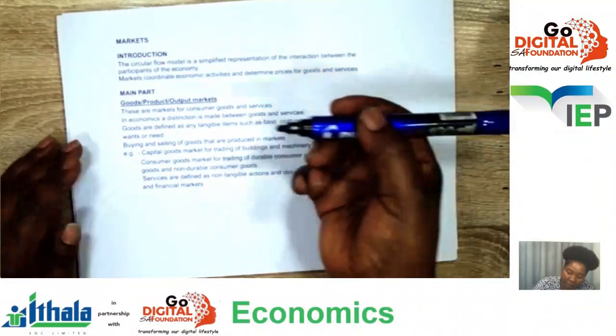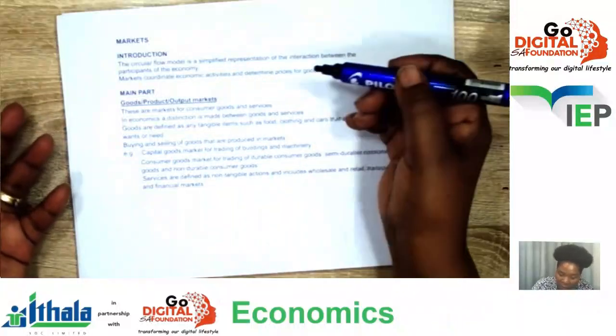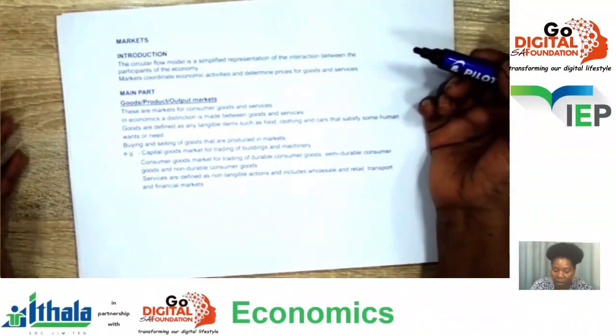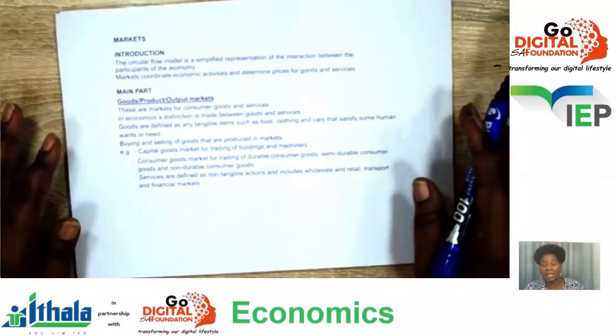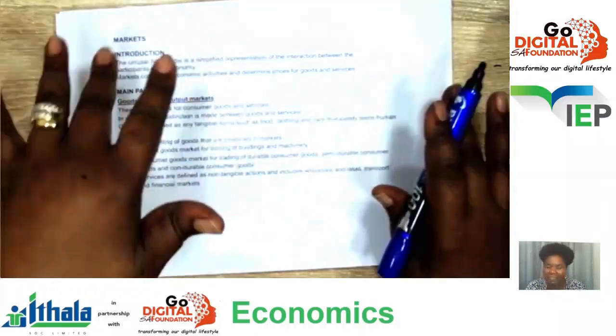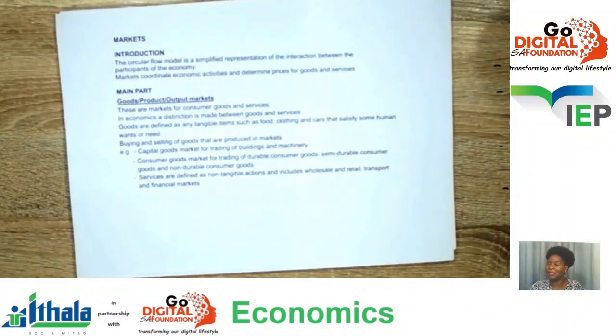Or you can say markets coordinate economic activities and determine prices for goods and services. If you feel this introduction is fancy, just say markets are where buyers and sellers meet to determine price. That's the one you learned in grade 8. You'll never go wrong. And you also have to give a conclusion.